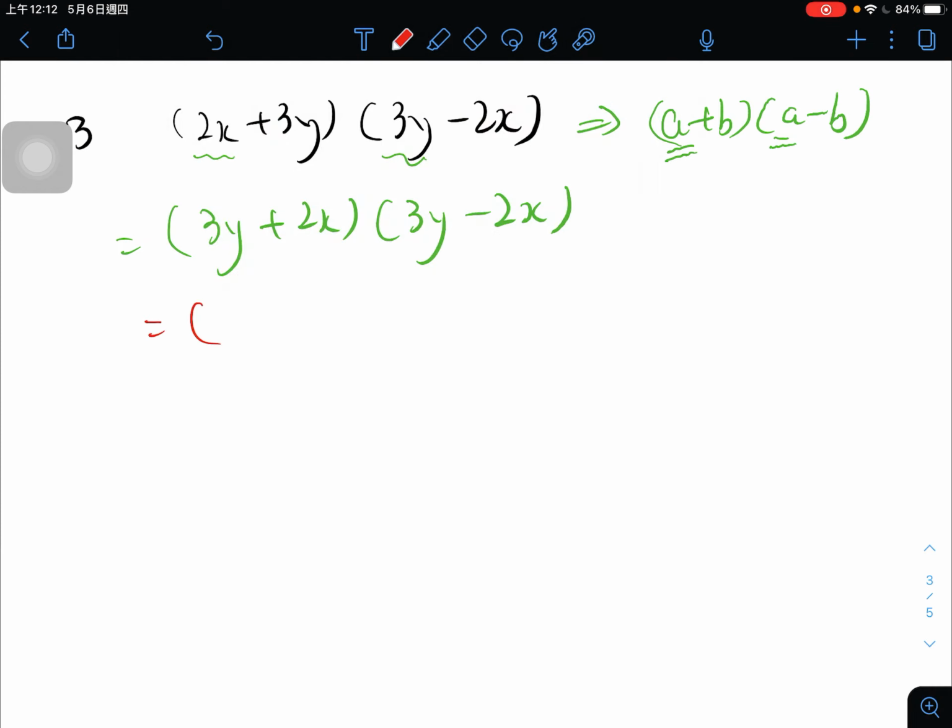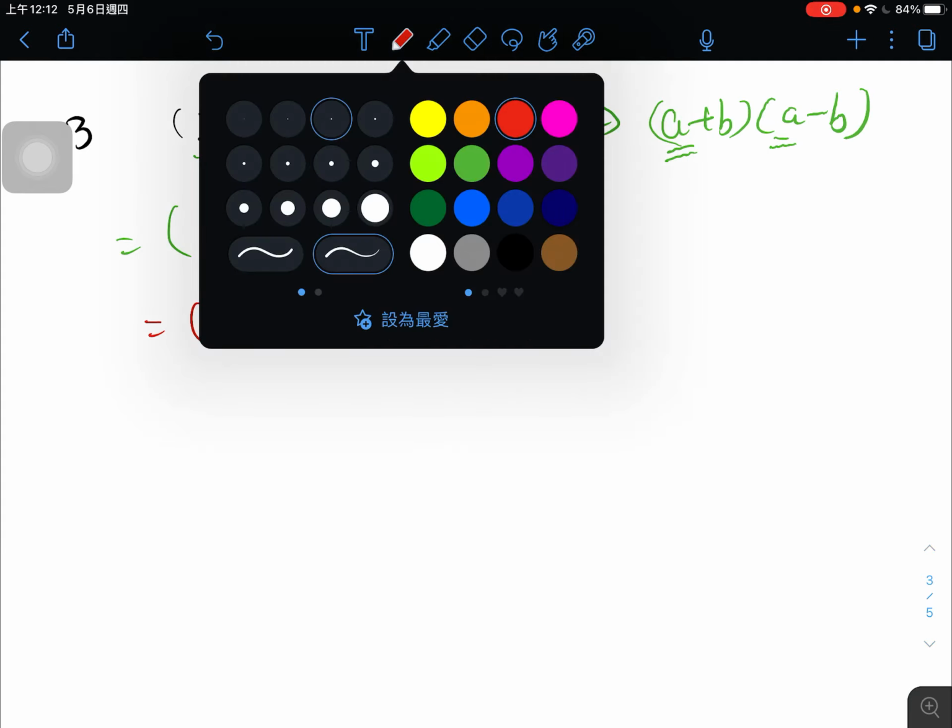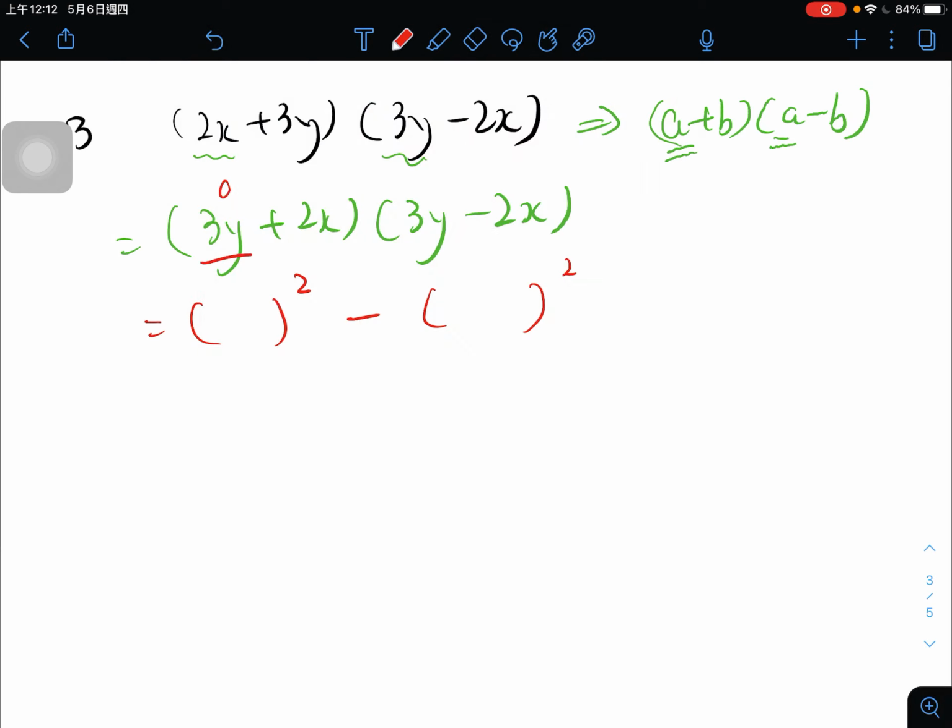So by using our identity, first just write down the brackets and the square. This should be A, this should be B. So I put 3y and 2x back into the brackets. 3y a whole squared gives 9y squared.